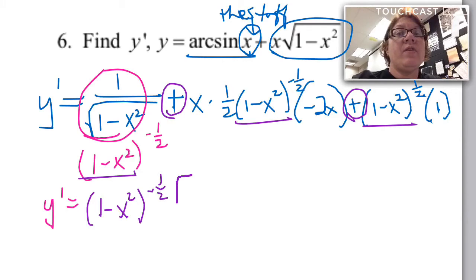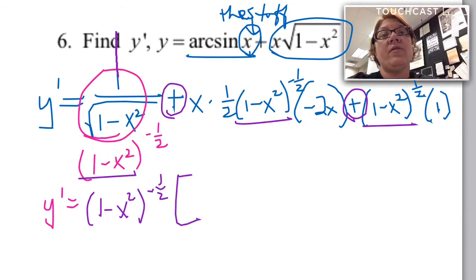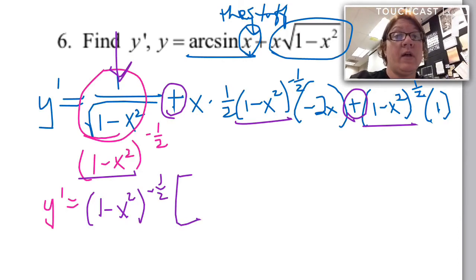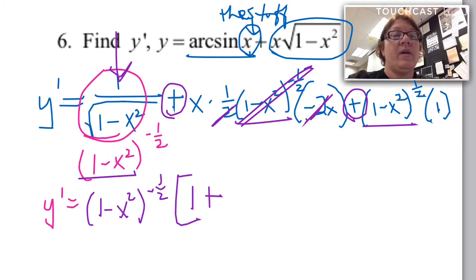And now the leftover stuff, well, for this first term, I don't have anything left over. I used all of it, so that's a 1. For the second term, this is all gone. I used all of it. The 2's would cancel, but I'm going to have an x and a negative x, so that's negative x squared.